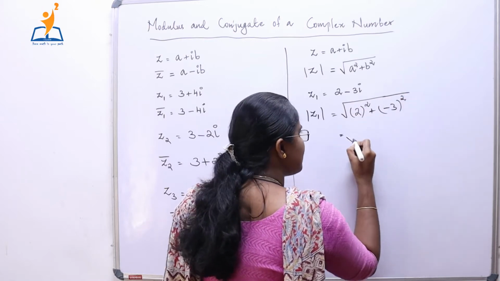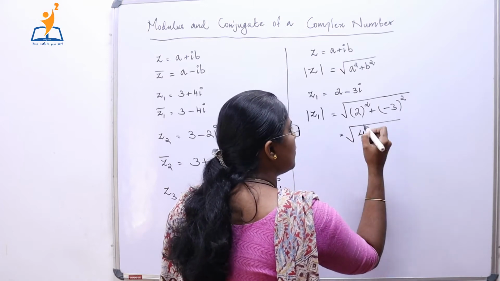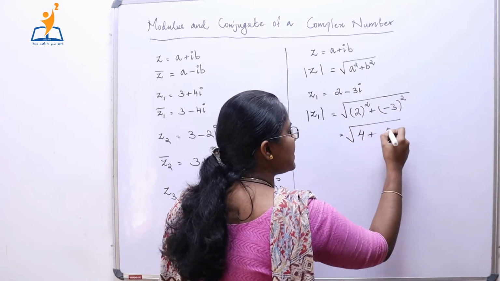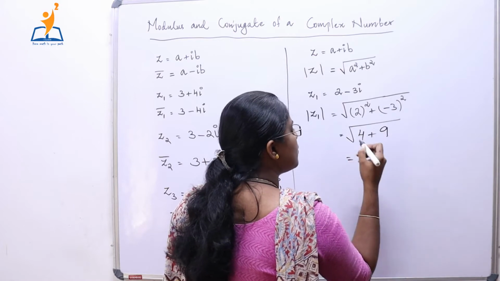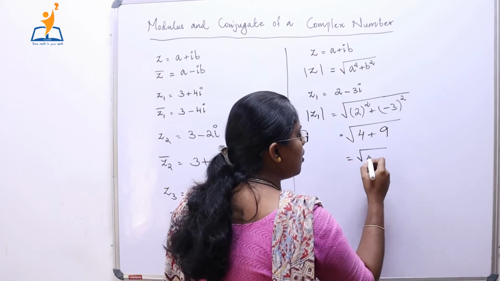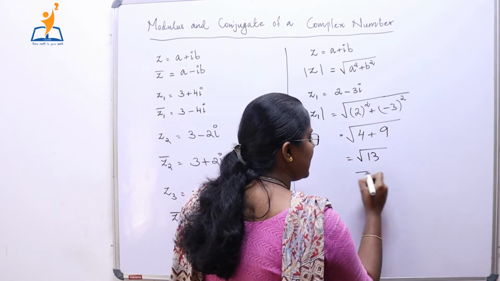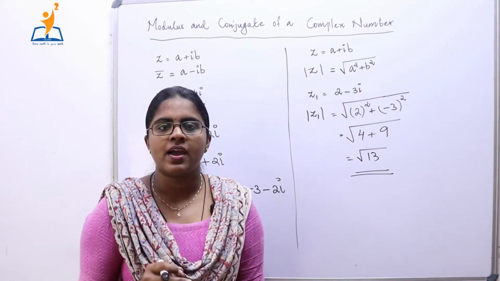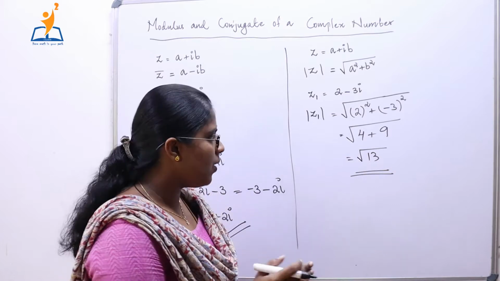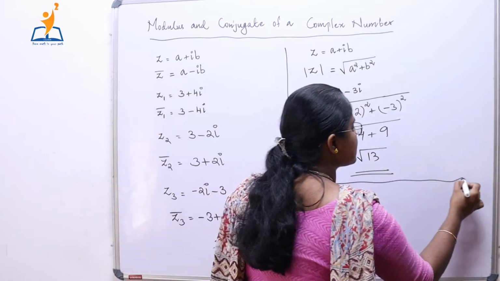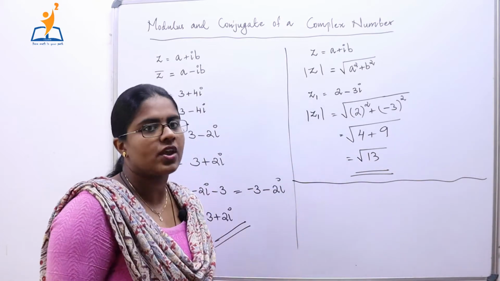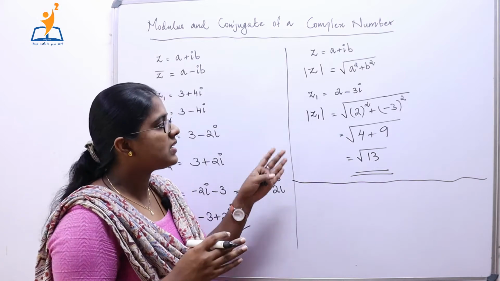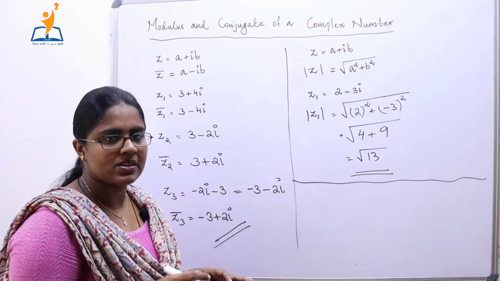So let's simplify this. 2 square is 4 plus minus 3 square is 9, and square root of 4 plus 9 is square root of 13, and the modulus of this particular complex number is square root of 13. Now hope it is clear for you what is the conjugate of a complex number and what is the modulus of a complex number.